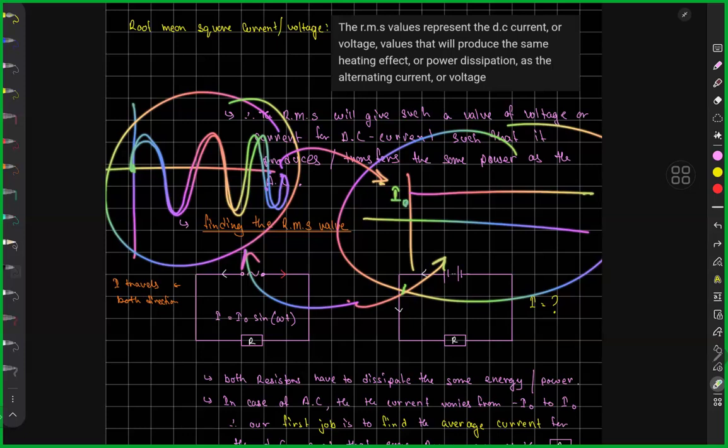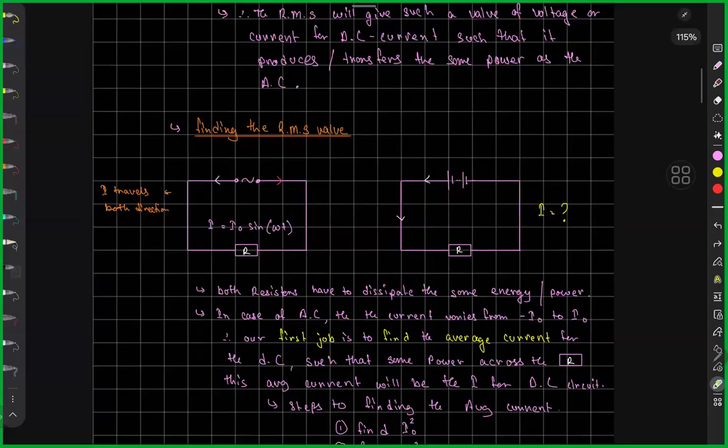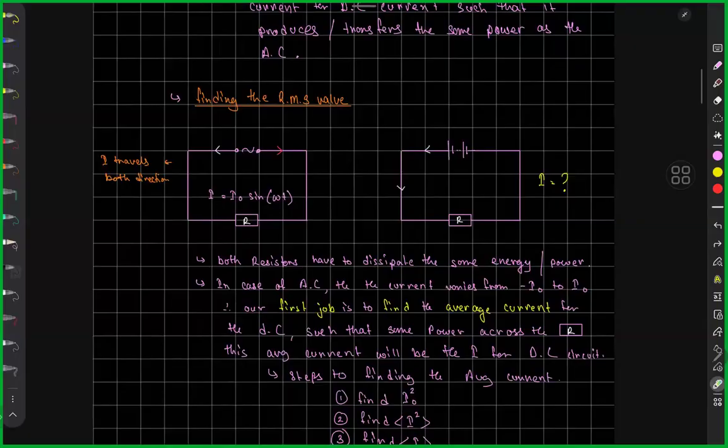In essence, what is the average current as the alternating current works, as the current varies with respect to time? That is what we want to find out, and that is where we take help of root mean square value. So let me give you the situation. What happens as current varies through I naught times sine omega t? There's a resistor over here for the power to dissipate.